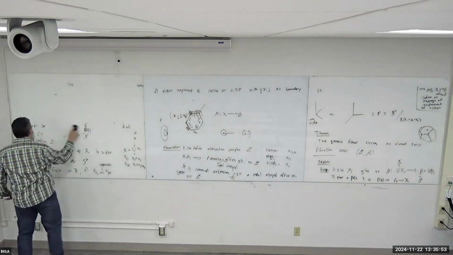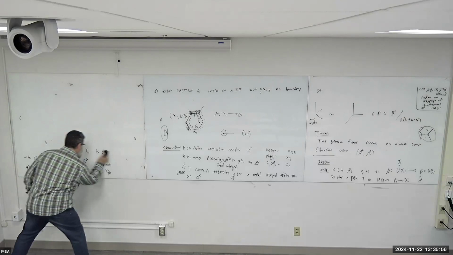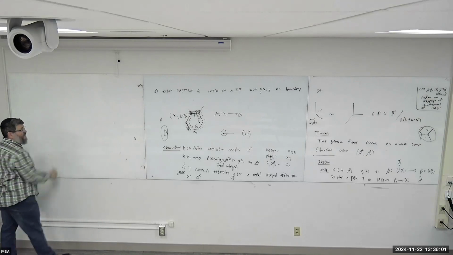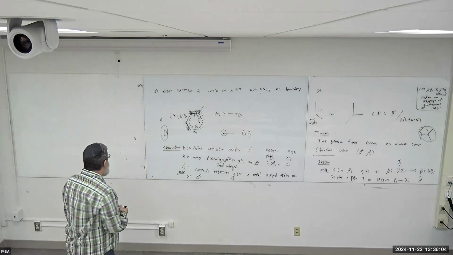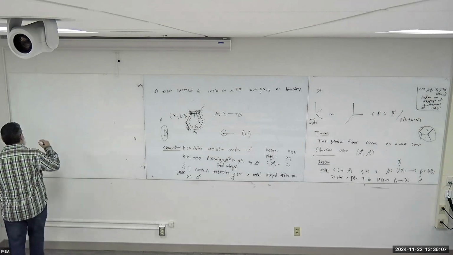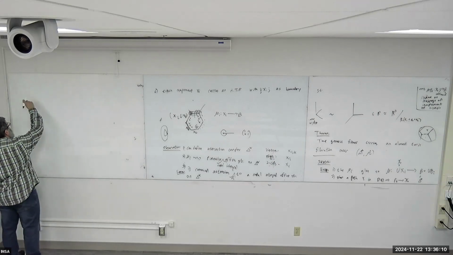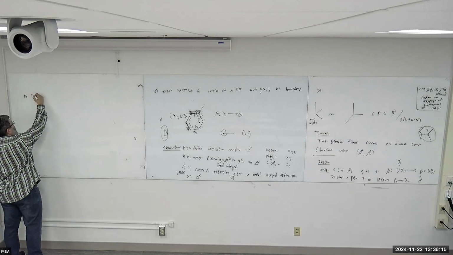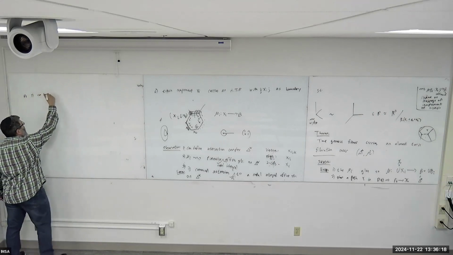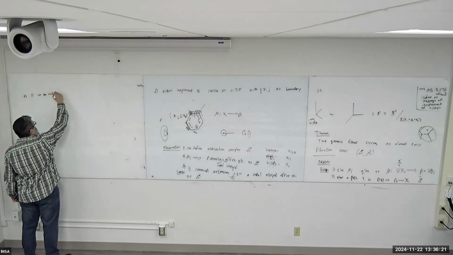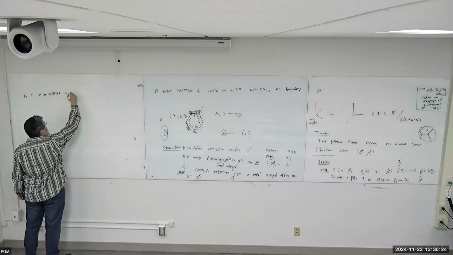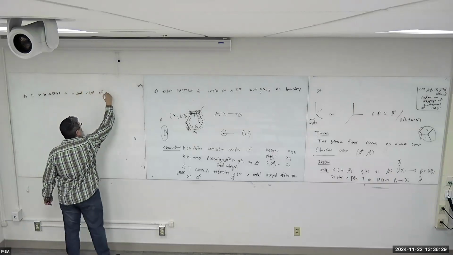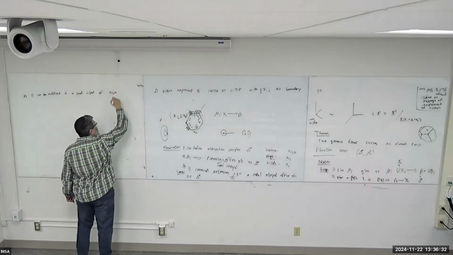Okay, so the next step is the following. Step 2. Pi can be modified in a small neighborhood of these triple points.